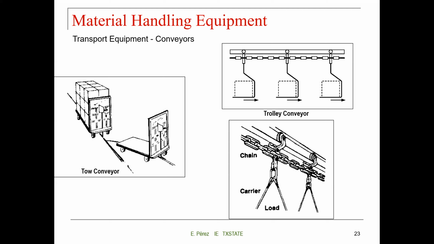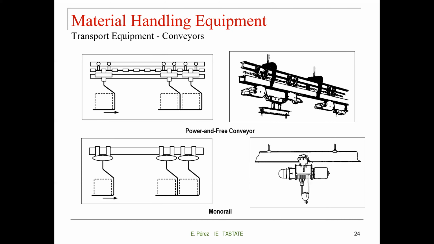Product is hanging. So you have a chain, you have a carrier, and then hanging, you have the load. More information about those: we have the power and free conveyor, and we have the monorail. They have this specific fixed trail that you have to follow.